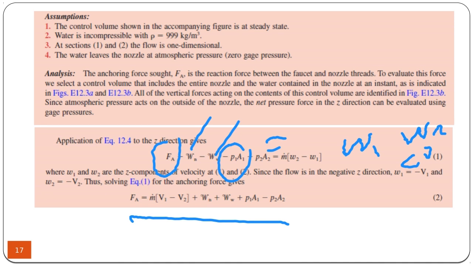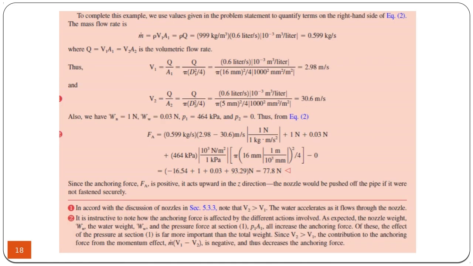You just need to put the formulas, put the numbers in. Start with the M dot, which is rho AV. And AV is actually Q, which is the volumetric flow rate.